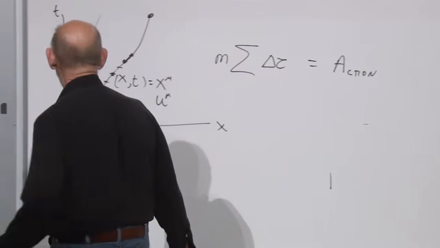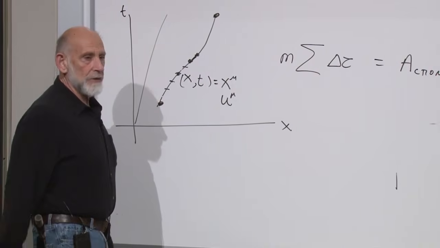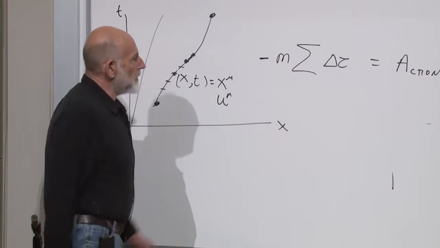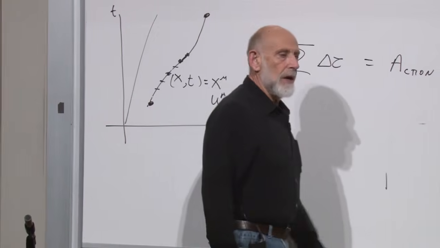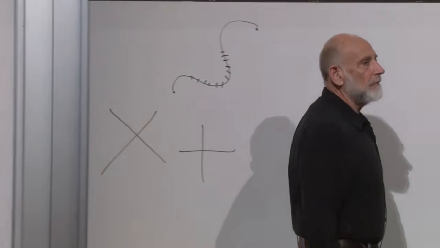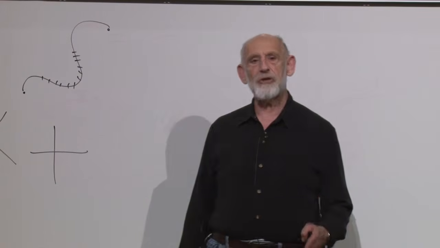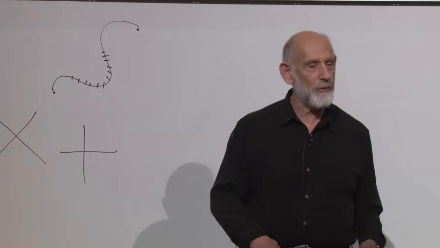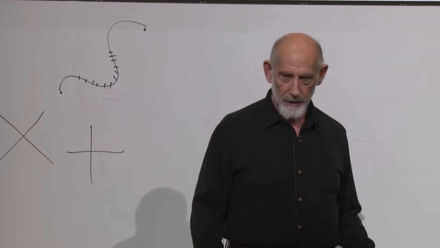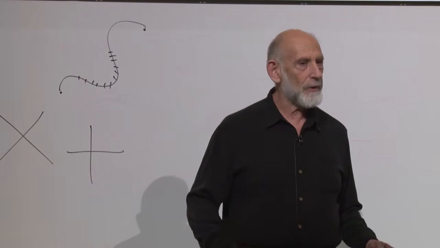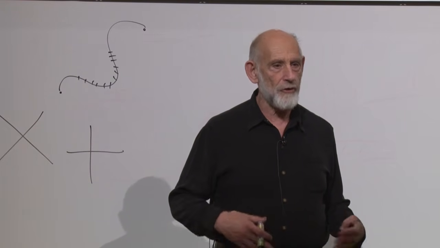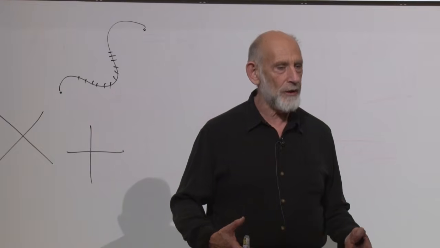All right, and I'm going to put in one more little change. I'm going to put a minus sign in here. Now, as I said, multiplying by minus m changes nothing. It's a complete convention. But the convention was established not by Einstein when he was doing relativistic mechanics, but long before Einstein, by people who had no idea what the special theory of relativity was, but who had some prejudices about the way classical Newtonian mechanics works.